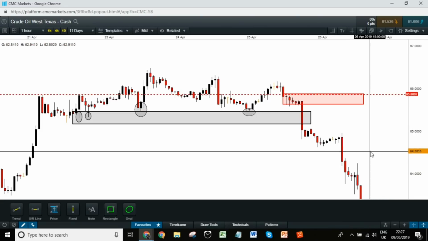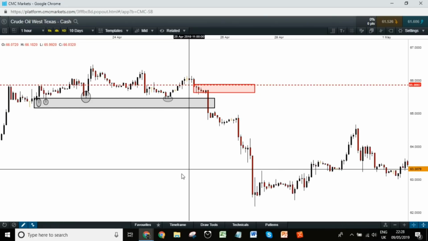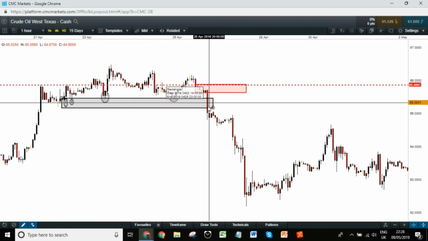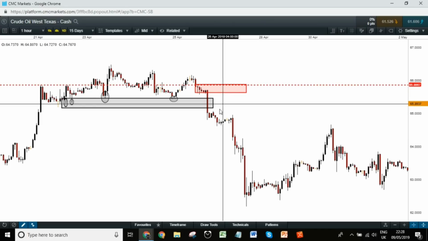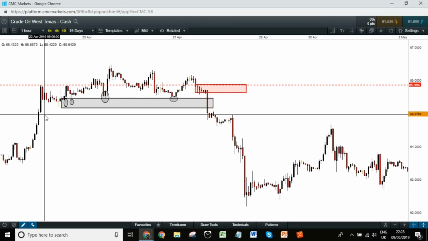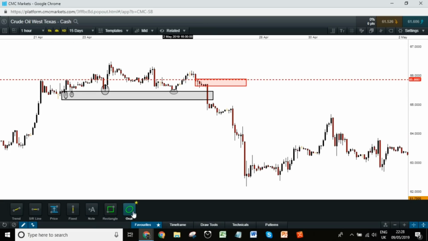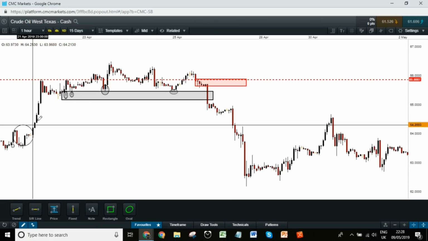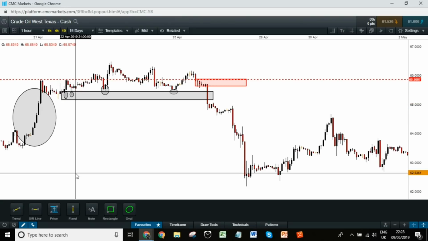But as we can see, the market did not make its way back up to this level, right? Because it had a really clean, as we can see here on the left-hand side, it had absolutely nothing to stop it, right? Not a damn thing.